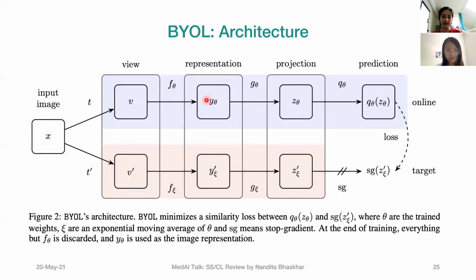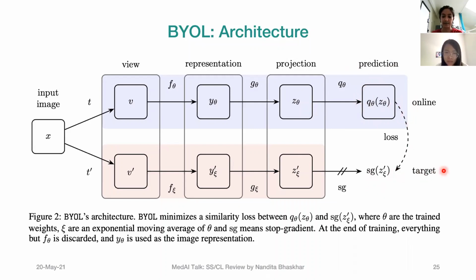Now you get 2 representations which are completely independent, and then you project them onto the multi-layer perceptron projection head. What BYOL introduced is that after the projection head, it added one more thing called a prediction network, where the job of this block is just to predict what the target is going to be.